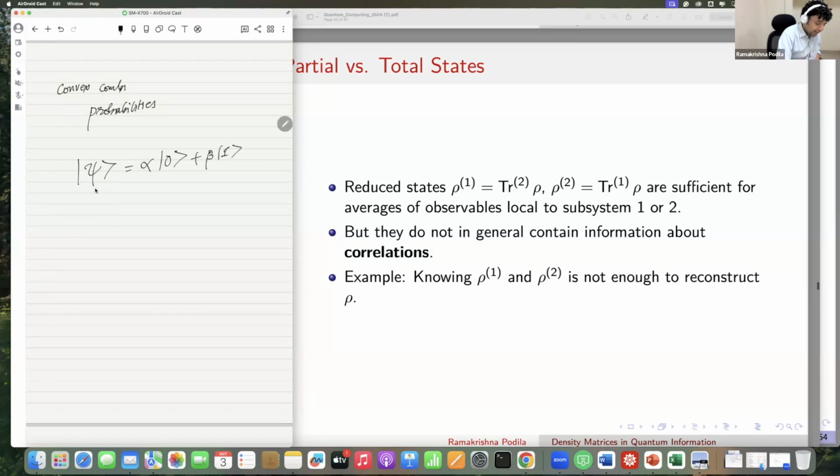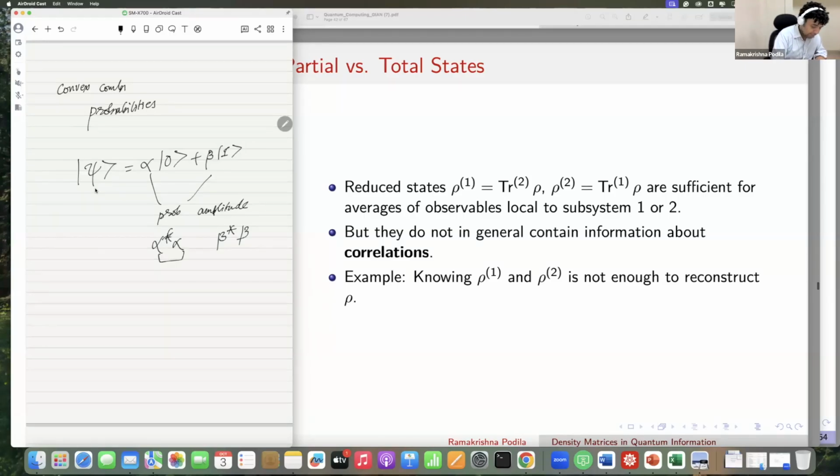Here alpha and beta are not probabilities, they're probability amplitudes, meaning I need to square them. If I do alpha star alpha or beta star beta, that's the probability. That is why I cannot average the state vectors. I can add probability amplitudes, but it will give me invalid state vectors. Like psi and minus psi, just by adding a phase, it would give me a zero state vector, right? So a convex combination means that we are using probabilities directly.